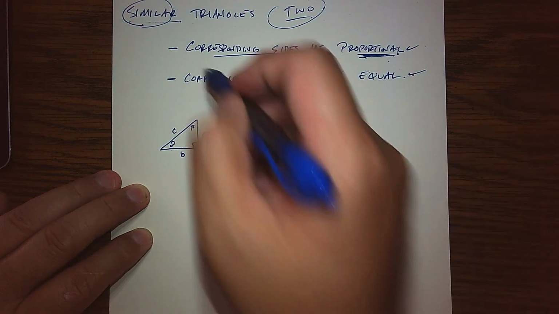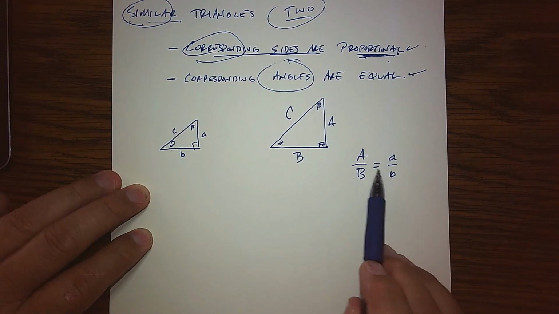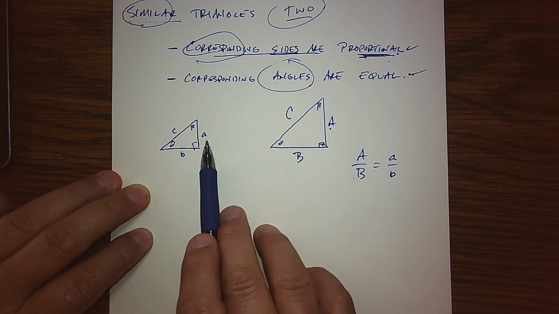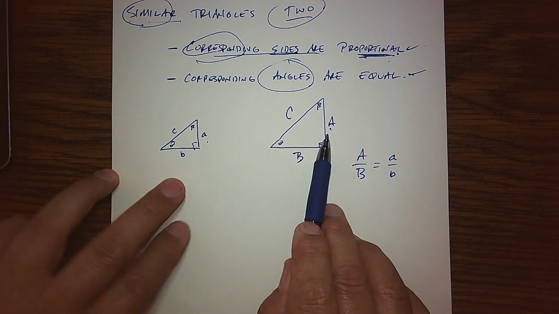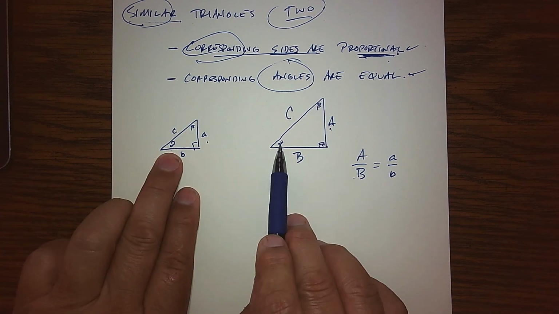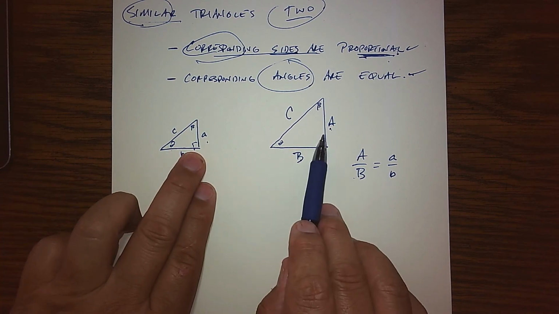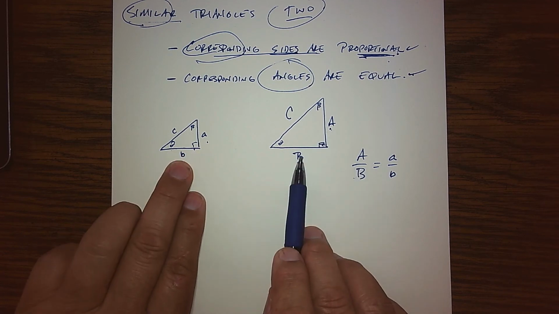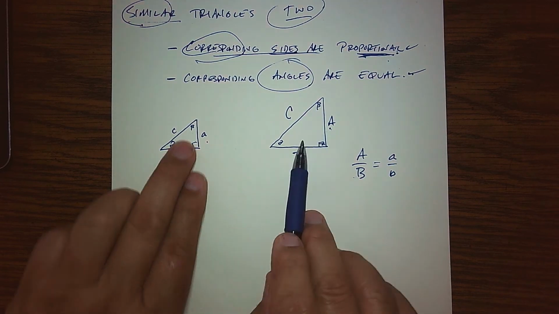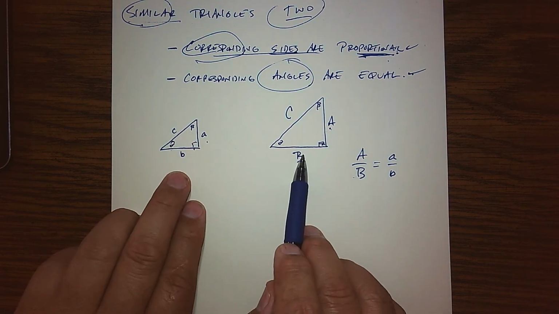So you got to make sure that the corresponding sides, notice the way I set this up, right? Side capital A and side lowercase a happen to be the sides that are opposite the angle theta. So they're technically corresponding sides, right? And so capital B and lowercase b also happen to be the opposite side of, if you would, the angle beta.